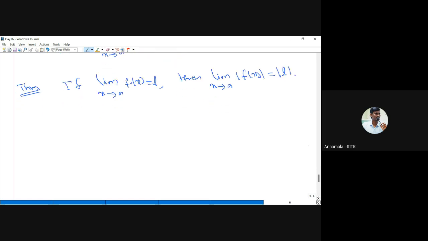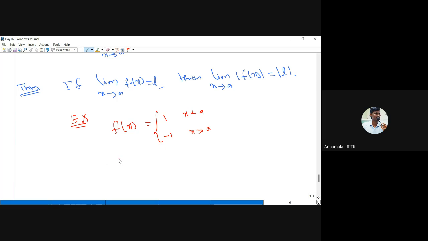The limit of modulus of f may exist, but the limit of f does not exist. Example: we consider the function f of x is 1 if x is greater than a, and minus 1 for x less than a. Now what about at the point x equal to a?